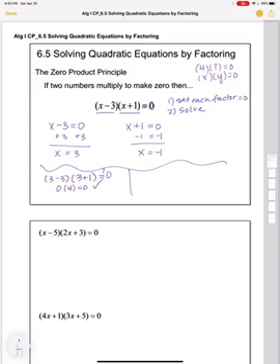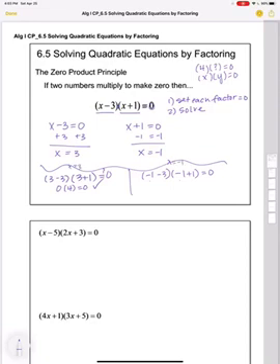It also could be -1 though, because try this. -1 minus 3, all I'm doing is subbing these numbers in for x, by the way, if you weren't sure, times -1 plus 1. Does that equal 0? And also notice I'm using the same number for x: in this case x equals -1, or in this case x equals 3.